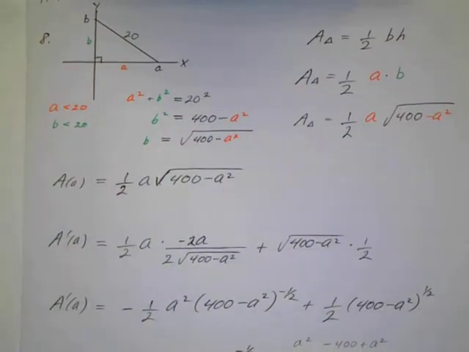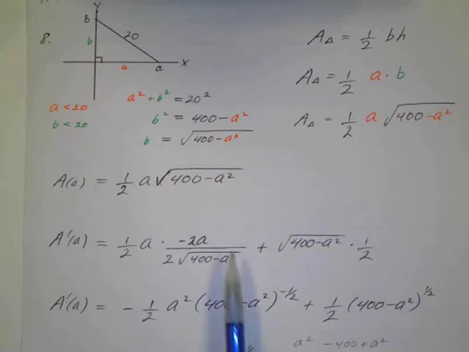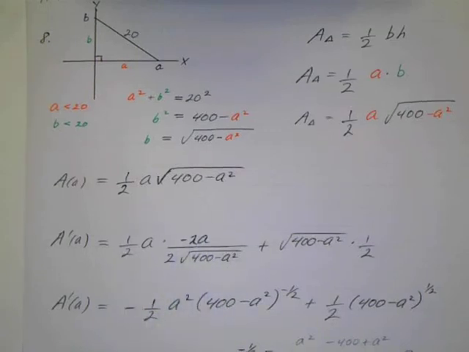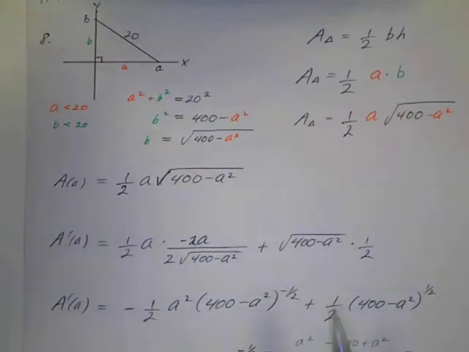Then I can put the 1/2 out in front and bring this up to the top, because we're going to probably use least powers again. So 400 minus A squared to the 1/2 becomes 400 minus A squared to the negative 1/2. These twos cancel, so I've got a negative A squared, and the 1/2 in front, plus 400 minus A squared to the 1/2 power.